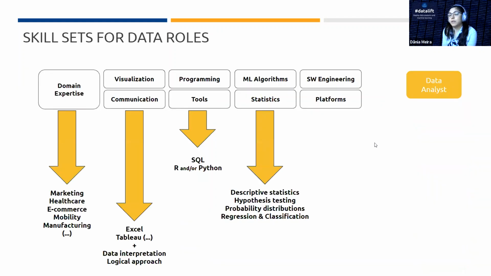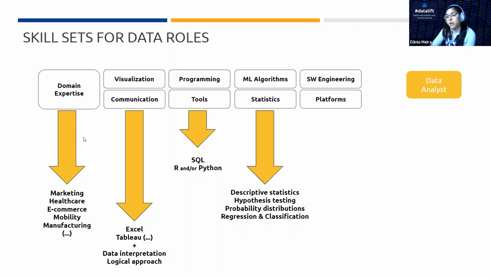So if I start, for example, with the data analyst, we see that the data analyst has some knowledge in machine learning algorithms and statistics, and probably some programming skills, mostly in SQL, for example, to get the data from the databases, maybe also some R or Python. But the main skill here is to know how to visualize and communicate, so that you can extract the insights from the data and share them with your business partners.